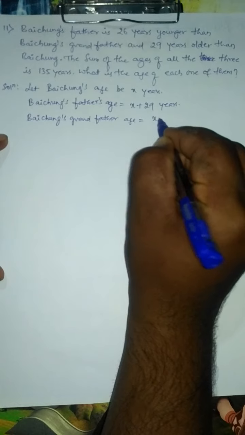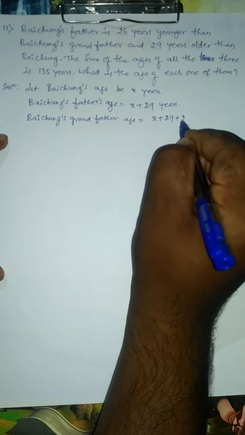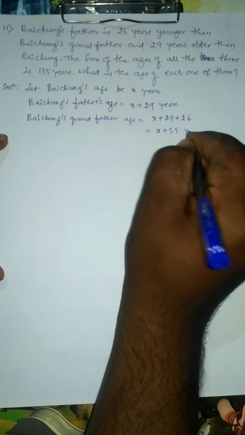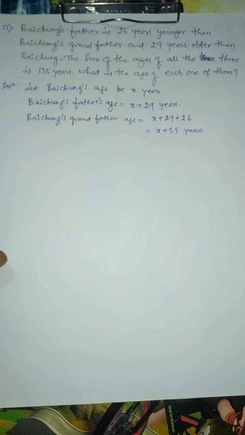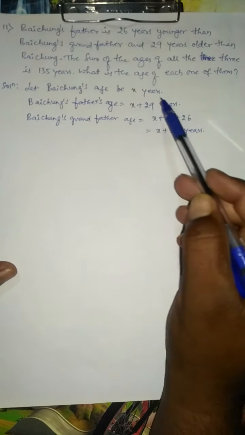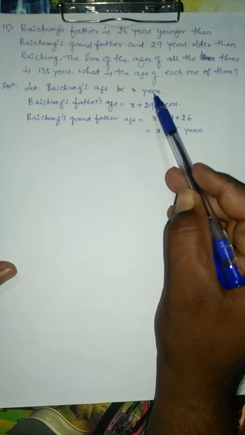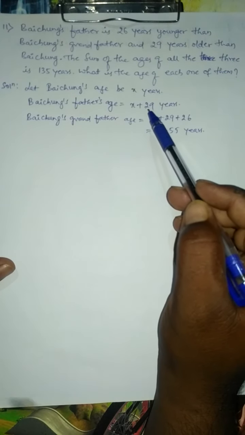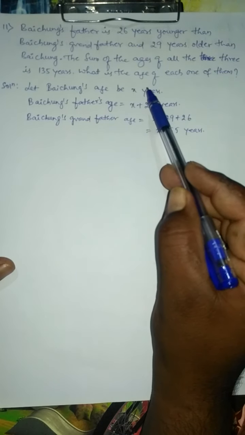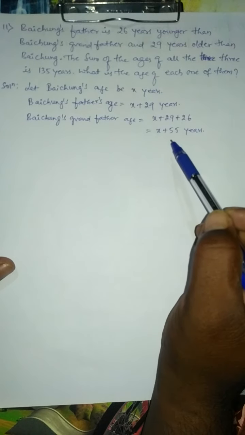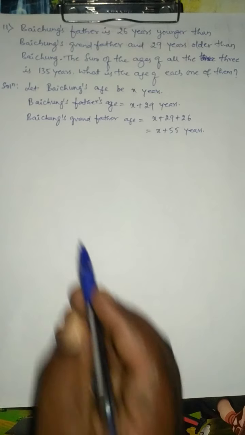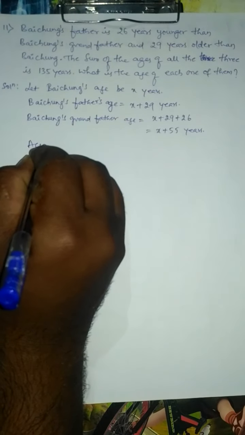So we have to take X plus 29 plus 26. So if you simplify this, X plus 55 years. So what we got here? We assumed Baichung's age. If Baichung's age is X years, compared to Baichung, his father is 29 years elder to him, and his grandfather is 55 years elder to Baichung. So according to our condition, what it says? See here.